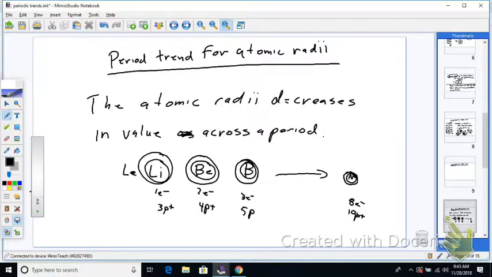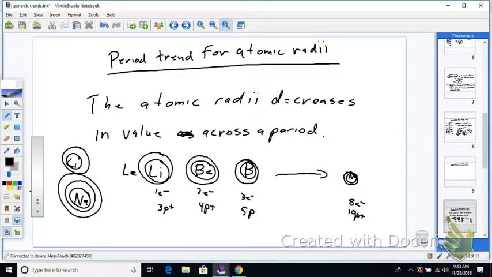What could you use to defend your argument that the bigger the charge, the smaller the atom? As we go down a group, for example from lithium down to sodium, you get more electrons.